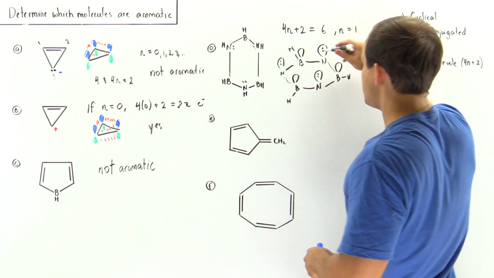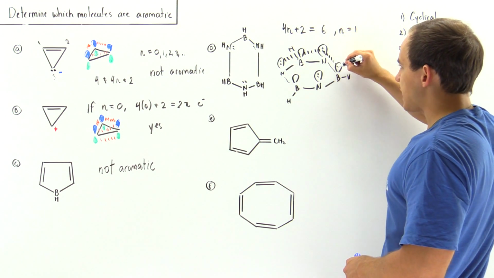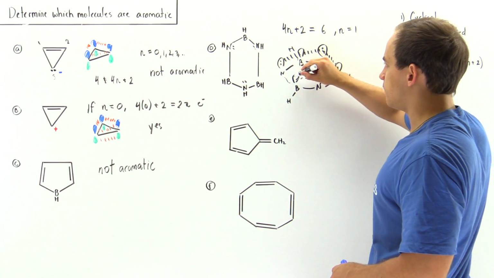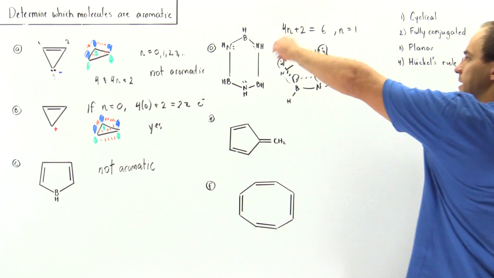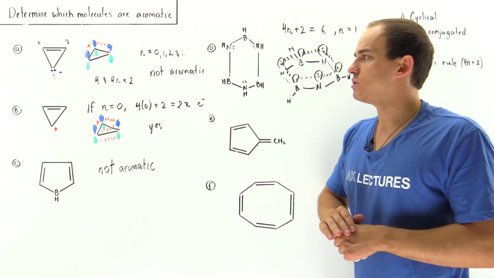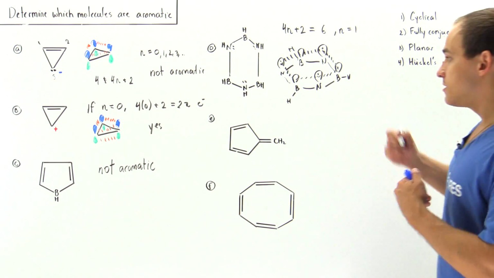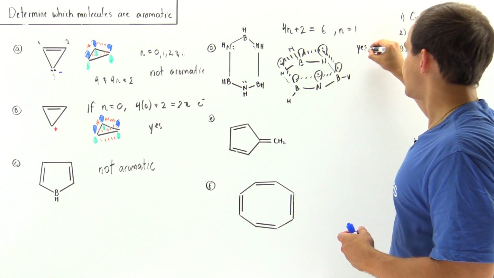So in fact, we see that there is resonance stabilization, and our molecule is in fact fully conjugated because there is this interaction between our lobes, between our atomic orbitals. So we see that everything is satisfied, and molecule D is in fact an aromatic compound. So yes, it's aromatic.